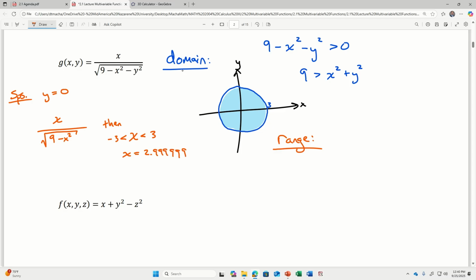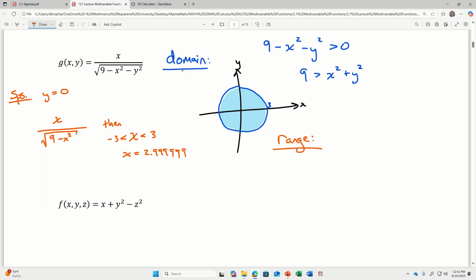Then I've got 2.9999999 divided by, not 0, but a really small number. And if I divide by a really small number, then this becomes a really, really large number. And so it seems like that way I could actually reach all of the positive real numbers just by choosing a value of x that's arbitrarily close to 3.